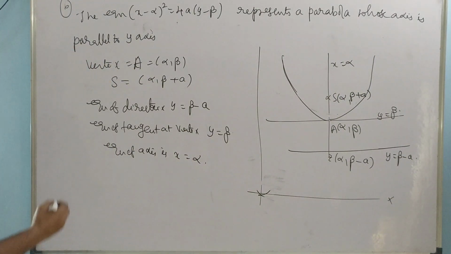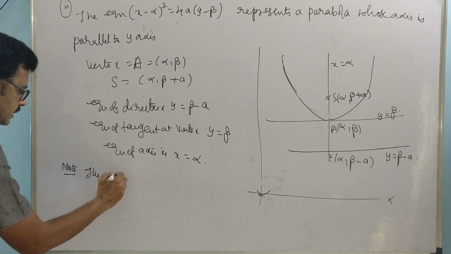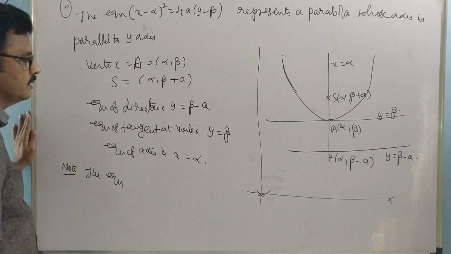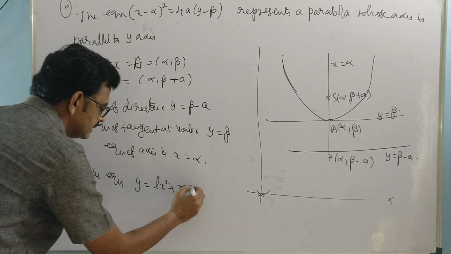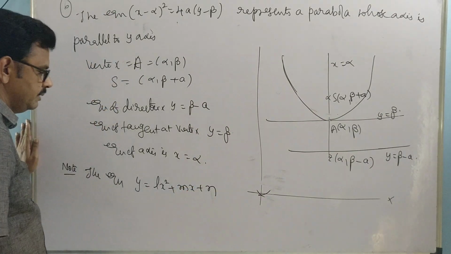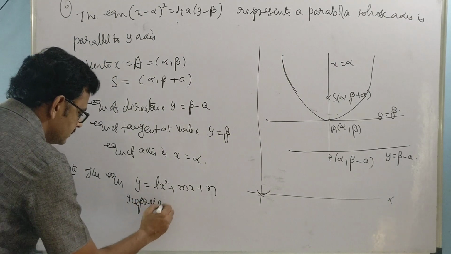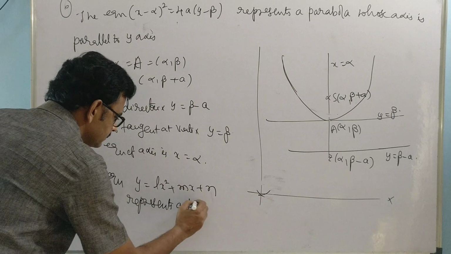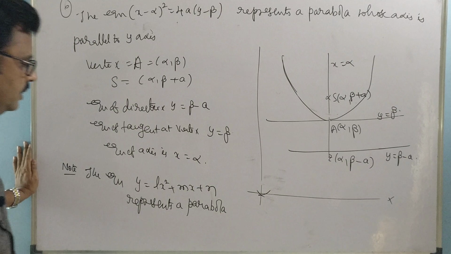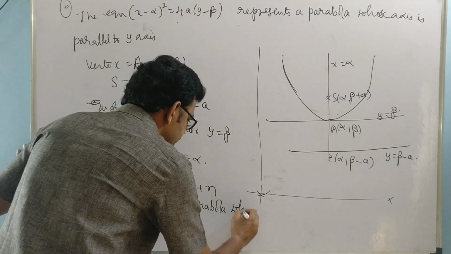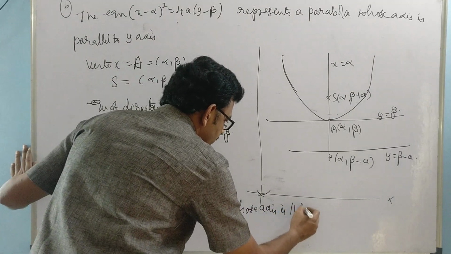This also, note the same. The equation y is equal to lx square plus mx plus n represents a parabola whose axis is parallel to y-axis.